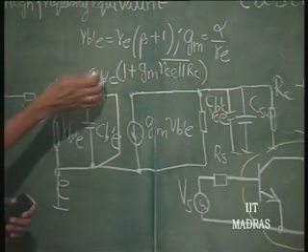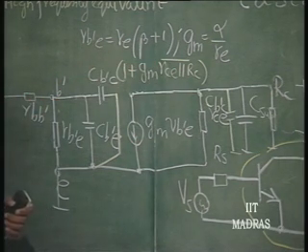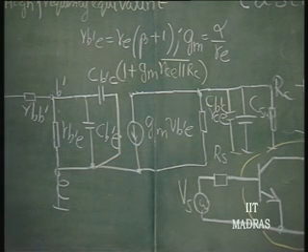The Miller effect is at the input it will be C B dash C into 1 plus G m R C E parallel R C, and at the output it is C B dash C itself very nearly.